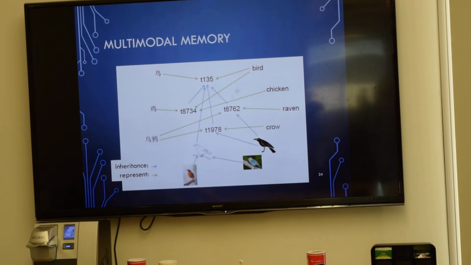That is the relation between a word and a concept that can be represented by that word. And that relation, we know, is many-to-many. It's not a one-to-one mapping. You can use one word to refer to several different concepts, and the same concept can be represented by different words, even in the same language.